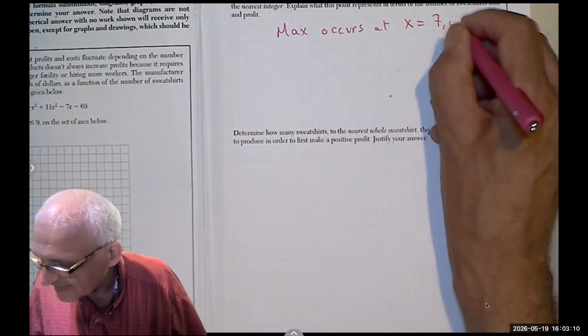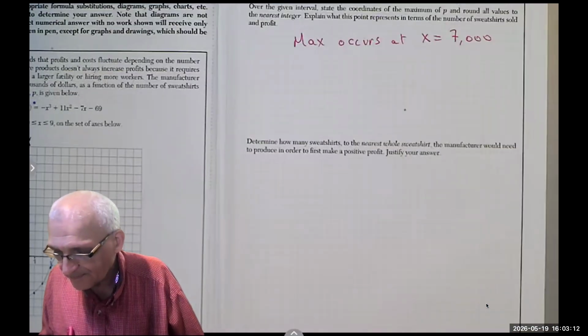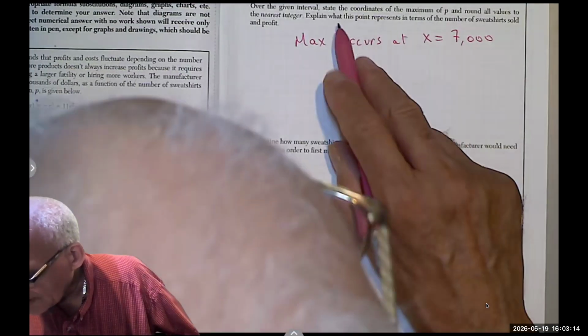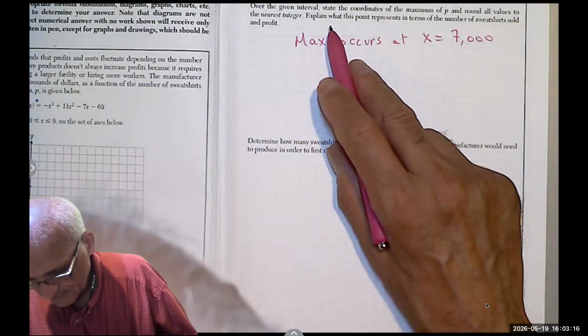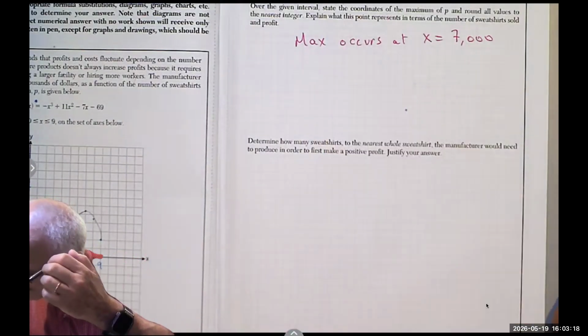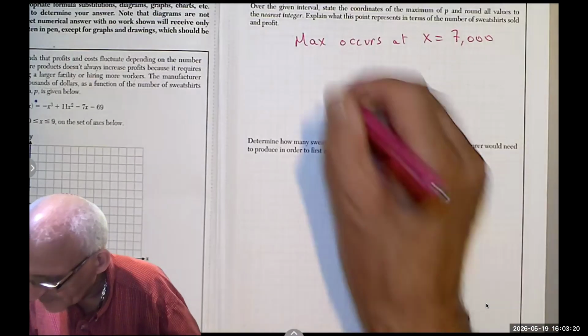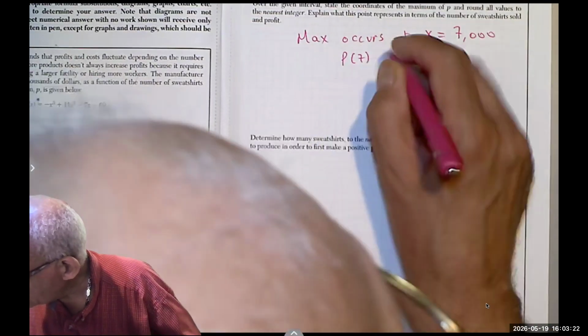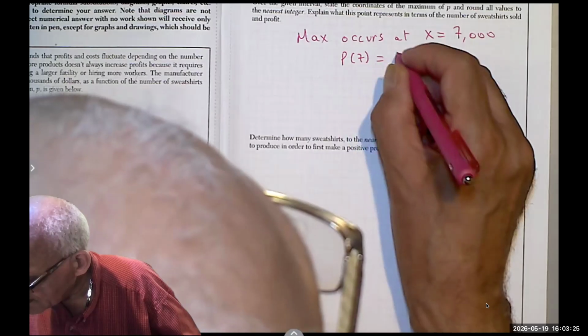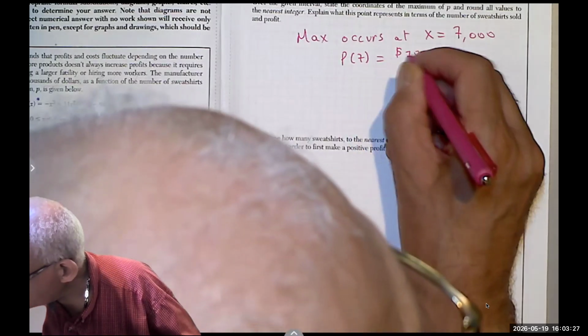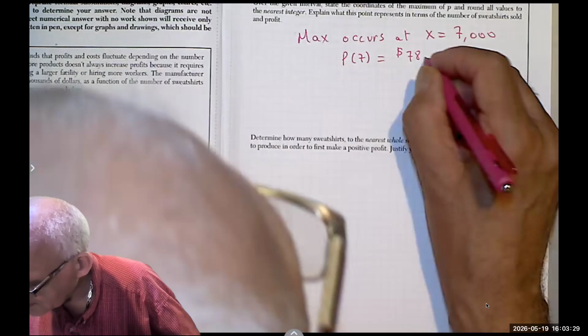Meaning 7,000 sweatshirts. And the profit P of 7 is roughly $78,000.